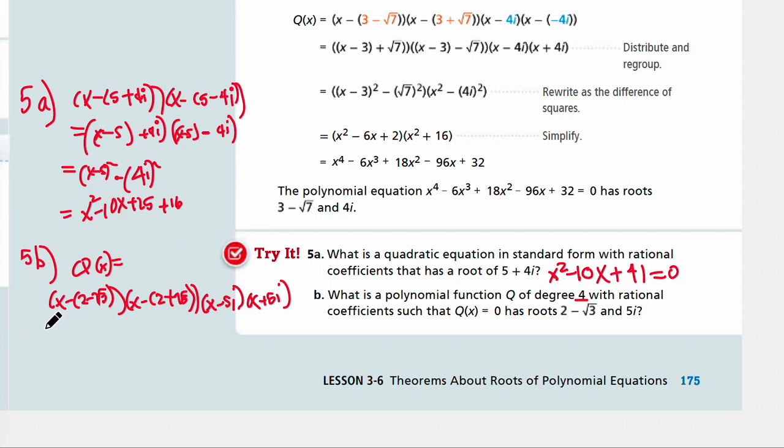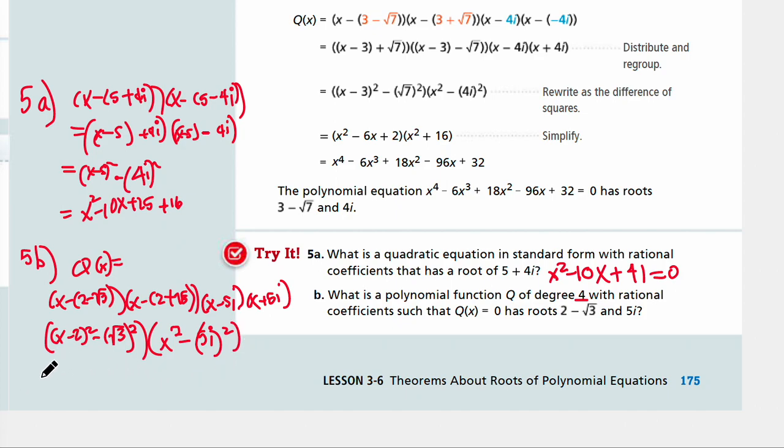And then you group them and use difference of squares. So that would be (x minus 2) squared minus root 3 squared, times x squared minus (5i) squared.